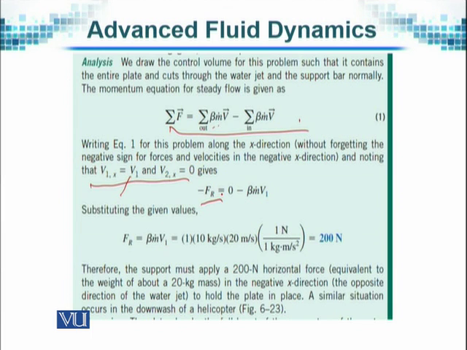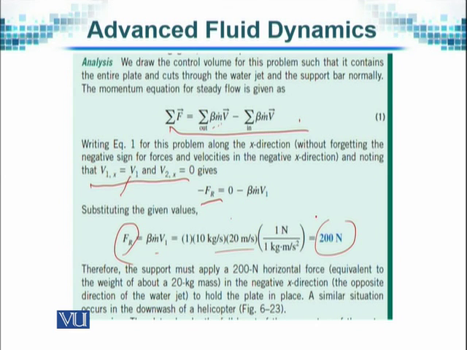The resultant force, the reaction force, will therefore be equal to, since at the outlet V is 0, the correction factor beta times the rate of change of momentum times the velocity V1, which is assumed to be uniform or steady. Substituting these values, we obtain that the force should be equal to 200 Newton.